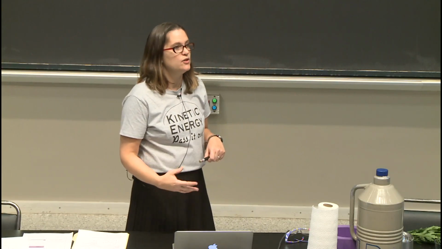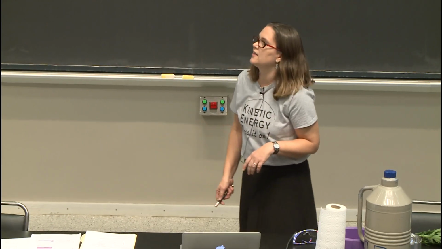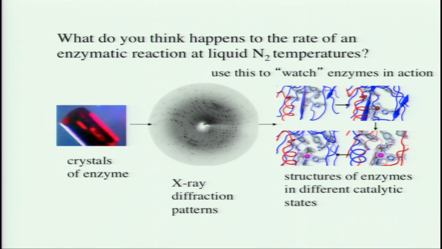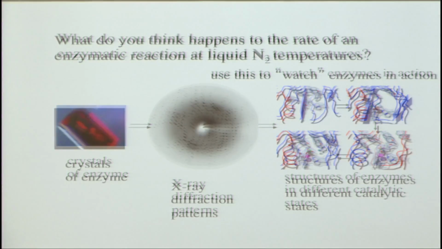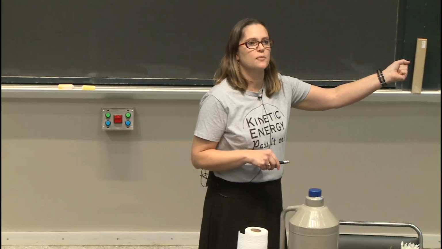And in fact, I use this all the time in my research. One thing we do is study the structures of proteins. And so we grow these lovely protein crystals. A lot of times the proteins or enzymes in the crystals are active. They're able to convert reactants to products. And so we could soak in reactants and then take our crystals and dunk them in liquid nitrogen and then determine the structure of that.